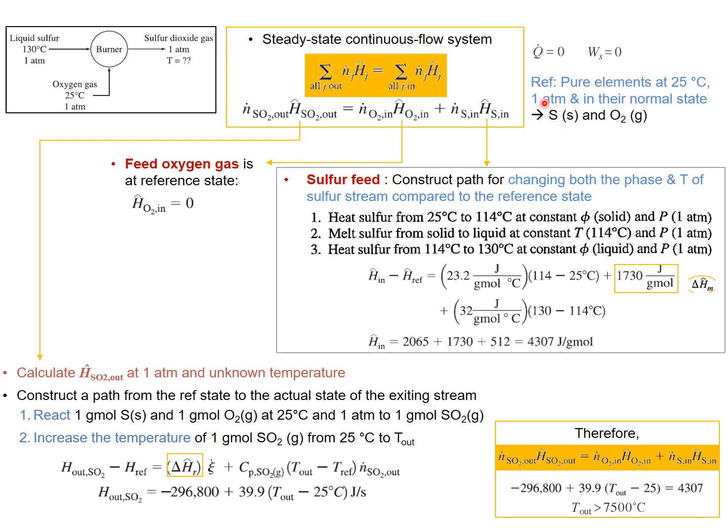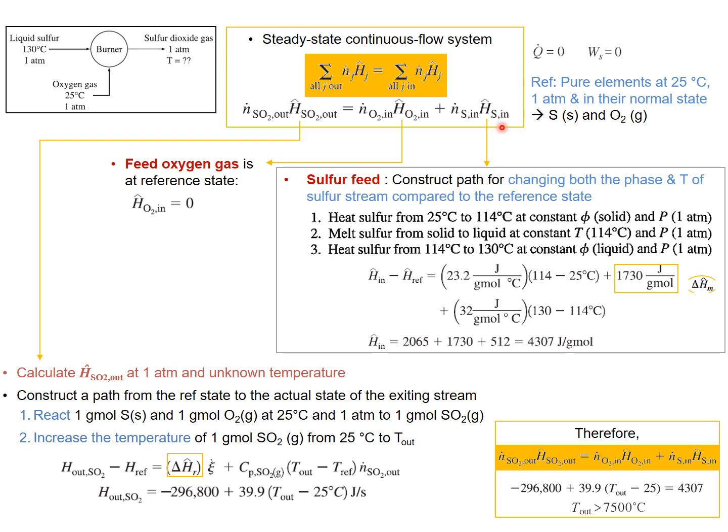So sulfur solid and oxygen gas, that is the reference state. And then let me start with the first term on the right side of this equation. For the oxygen input, I have taken this state as the reference state, so this is going to be 0. The second term on the right side is the sulfur feed, liquid sulfur.